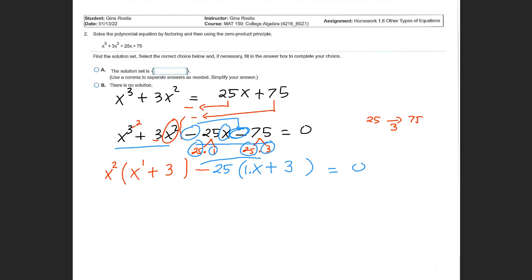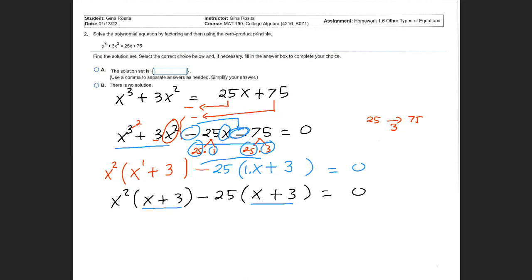Okay, so now I just write down again. x squared times (x plus 3) minus 25 times (x plus 3) equals 0. So find the GCF. Look again, x plus 3 is the same. That's right? Because it's the same, it becomes the GCF.